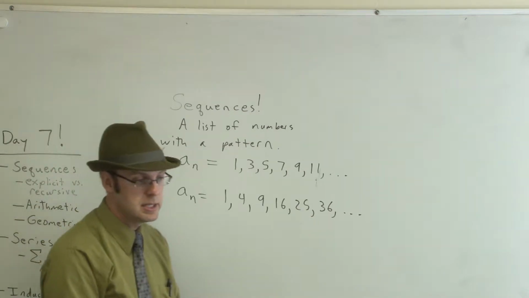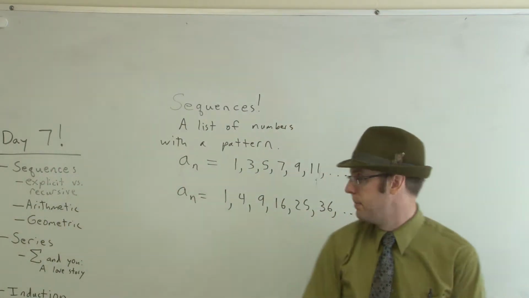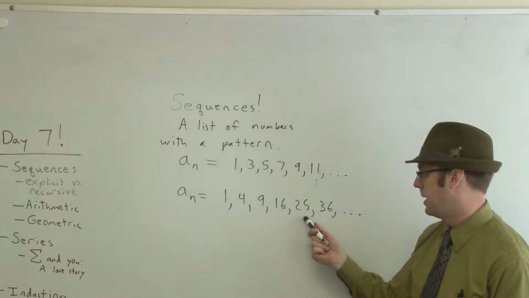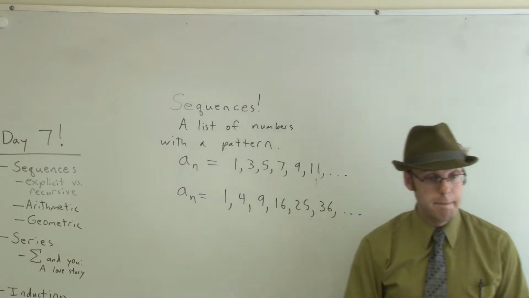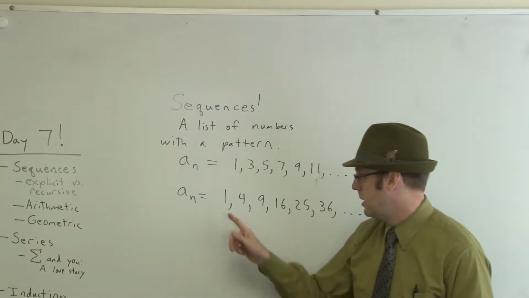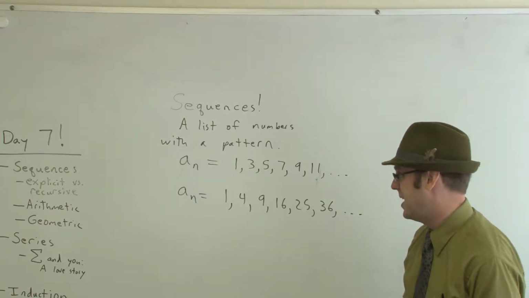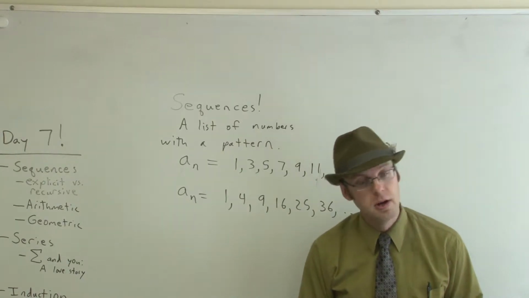Right, this is not arithmetic. I'm not adding the same thing every time. I'm adding 3, I'm adding 5, I'm adding 7, I'm adding 9, I'm adding 11. I'm not multiplying by the same thing. To get from 1 to 4, I need to multiply by 4. To get from 4 to 9, I'd have to multiply by not 4.